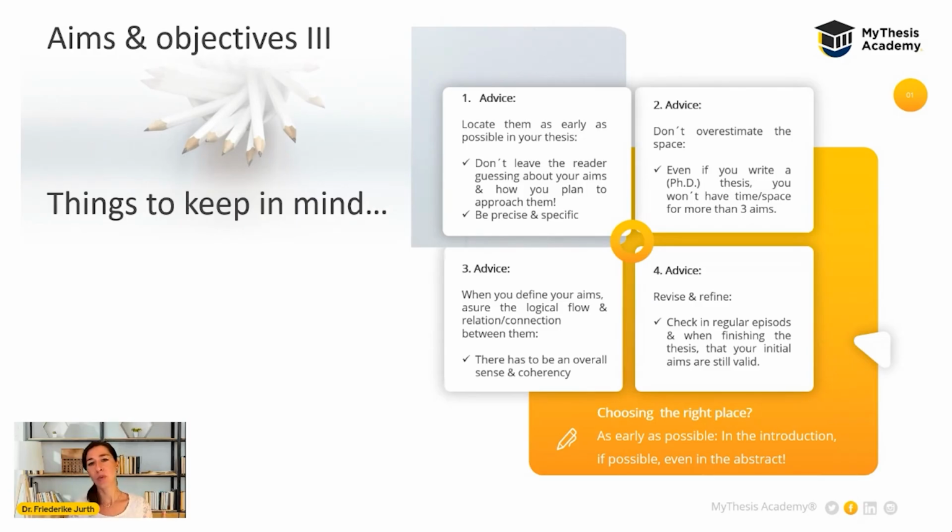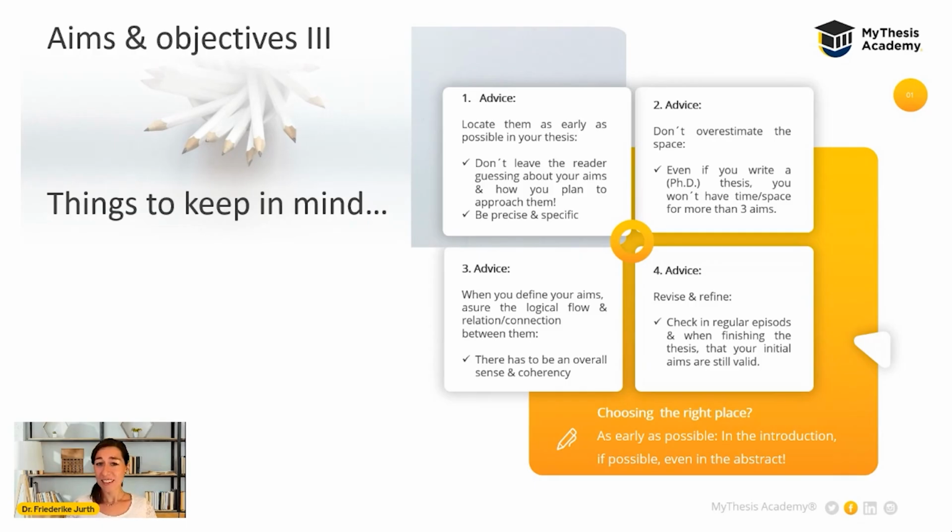It is like with the focus of research and with the research question. The earlier, the better, because you don't want to leave the reader guessing for a long time what you are planning to do and how to approach. So, related to this, be precise and stay specific with the aims and objectives. Don't be vague.